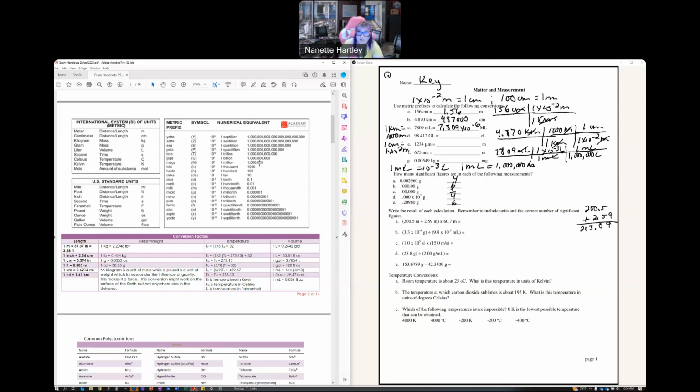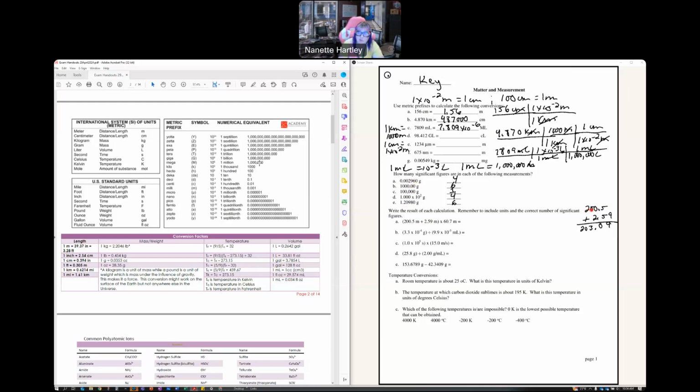The question becomes, is that number really as significant as that? And the reason that I say that is because I have a different number of decimal places in these 2 numbers. So when we do addition and subtraction, our number of sig figs is based on which is the least well known.